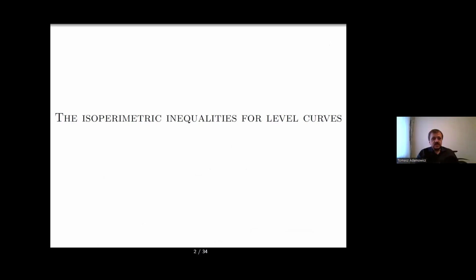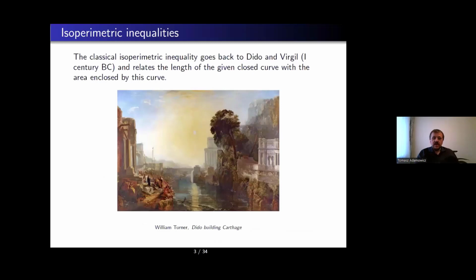And let's begin with some legendary approach, namely the classical isoperimetric inequality, which goes back to Dido and Virgil in the 1st century before Christ, and according to the legend, relates the length of a given closed curve with the area enclosed by this curve.